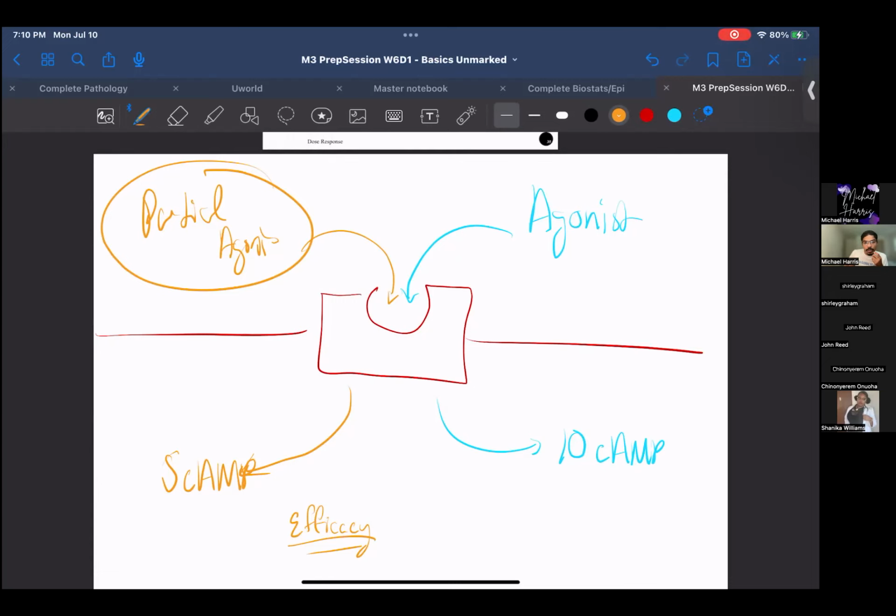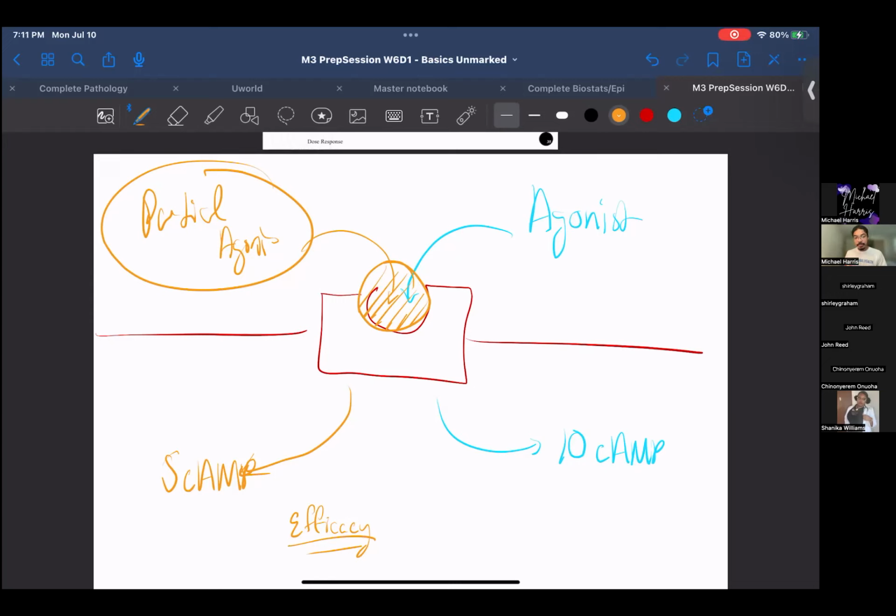A lower. Now, if this partial agonist is taking up this spot, can an agonist bind? No. This is the concept of how partial agonists in the site of agonist drugs act like an antagonist.